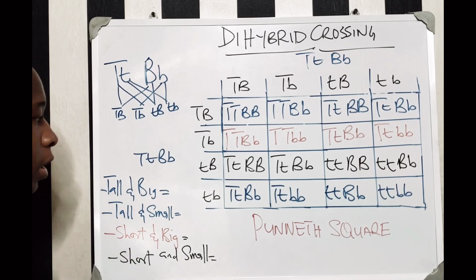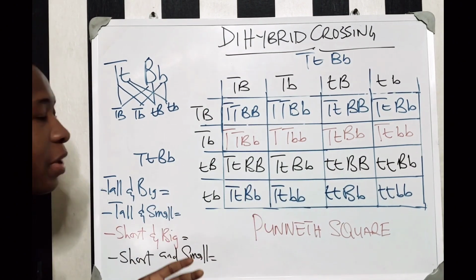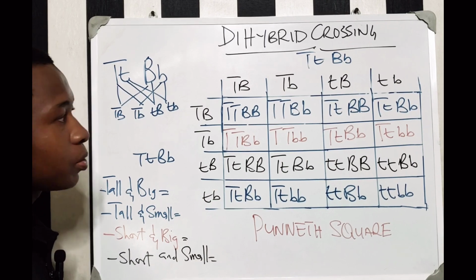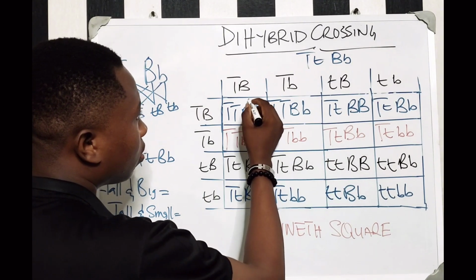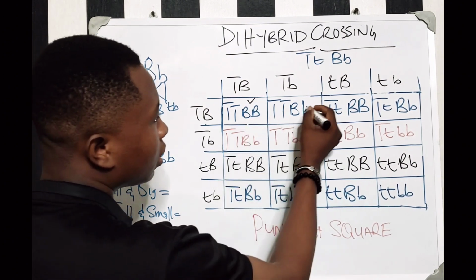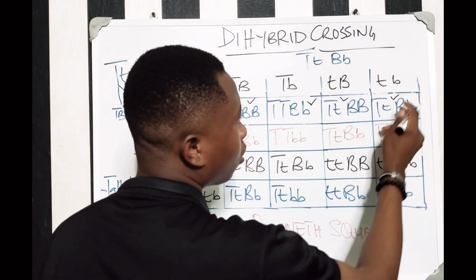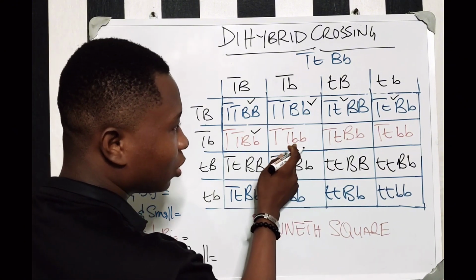So the tall and big. Now we're looking at phenotypically which individual will appear tall and big in this Punnett square. Now let's count. This is going to be tall and big, 1. Let's use a marker for it. Tall and big phenotypically, tall and big phenotypically, tall and big phenotypically. This is not tall and big anymore.